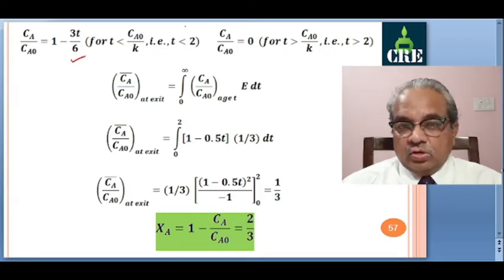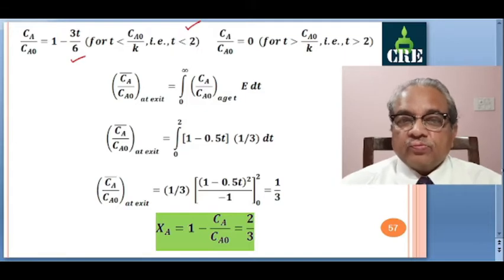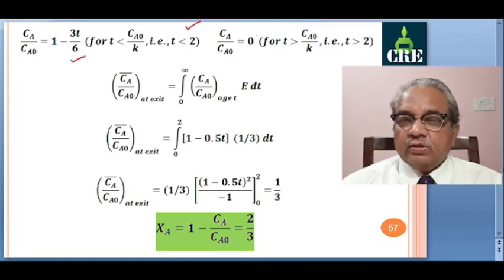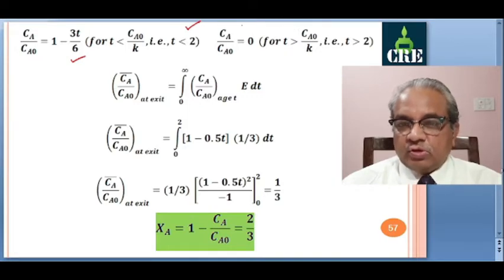So for t less than 2, up to that we should integrate. Beyond that, we'll get Xa greater than 1. That means Ca by Ca0 is equal to 0. Beyond that, at the limiting value Xa equal to 1, if you carry the integration, that will give you values of Xa more than 1 and negative concentration.